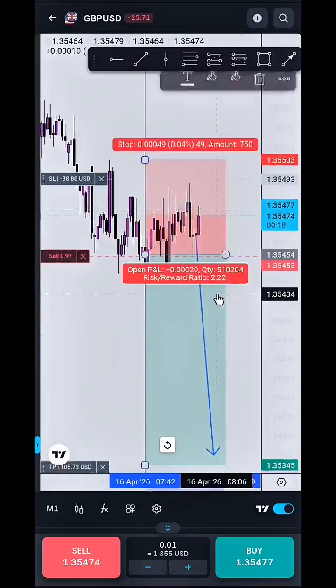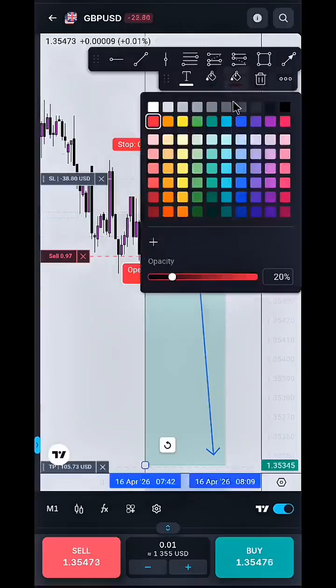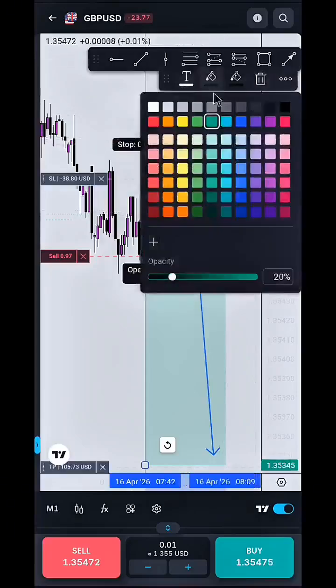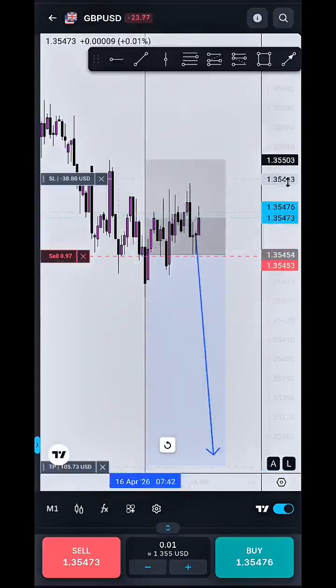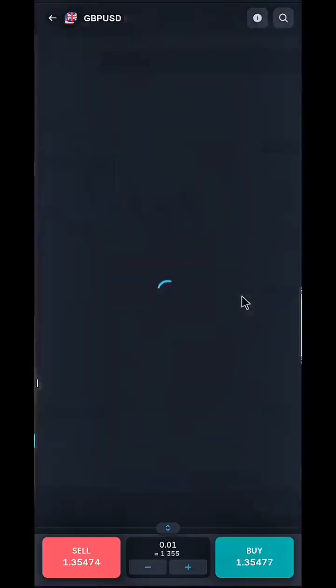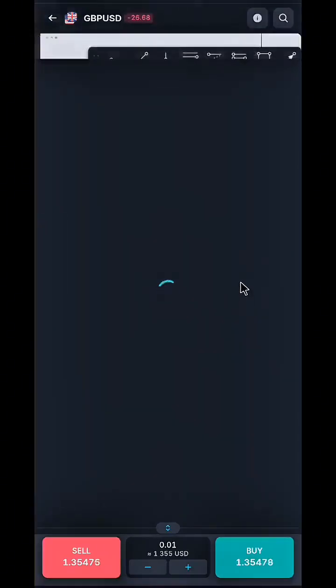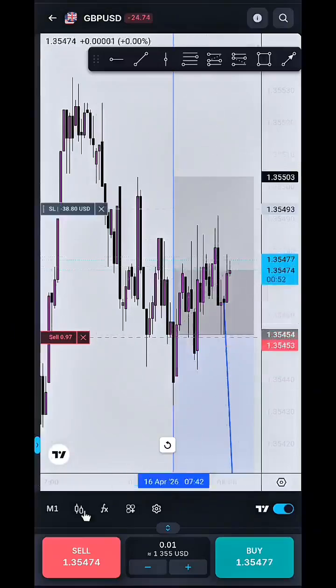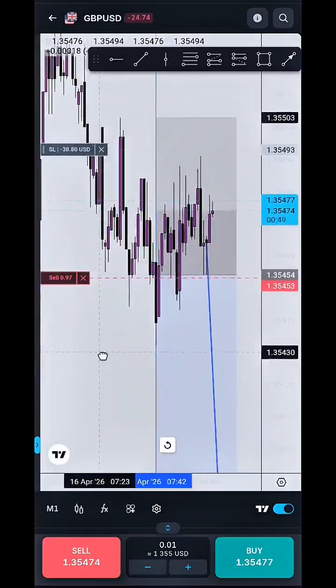Because this candle closed bearish, just to reduce risk in case 8 a.m. opens high.